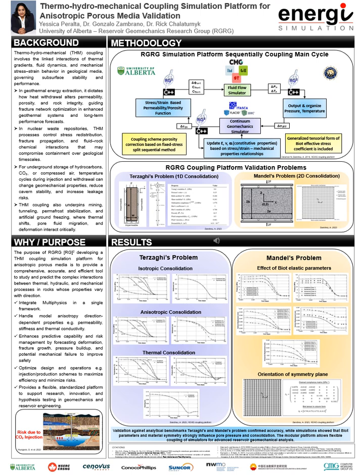Here, how does the sequence work? First, CMG solves the thermal and hydraulic problem under the assumption of fixed total stress. Once it converges, the pore pressure and temperature are passed to FLAC3D. At this point, the RGRG platform calculates the stress increments caused by pressure and temperature changes using the generalized Biot tensor.